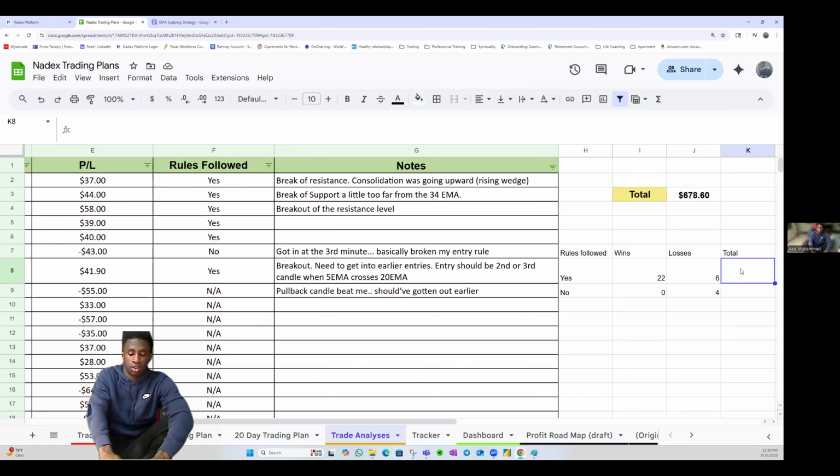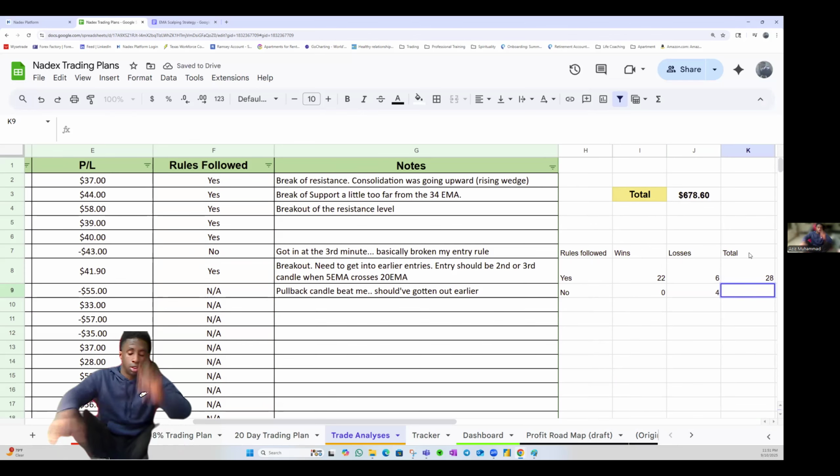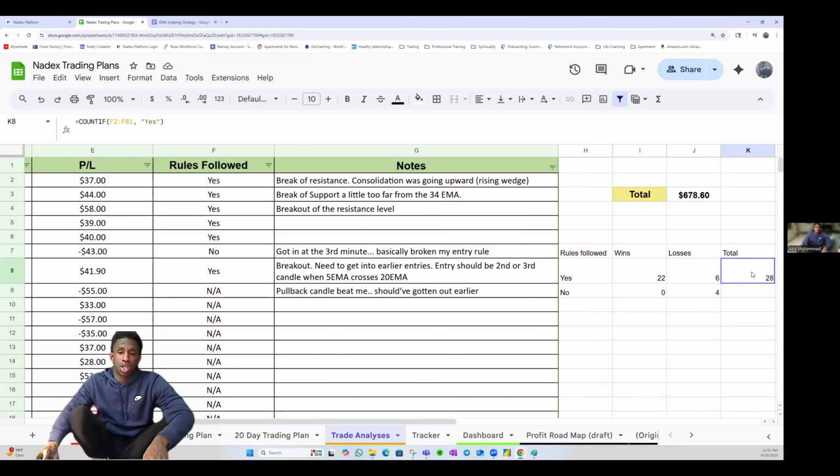COUNTIF F2 to F81. The total count is 28. And in this case, same thing. We're gonna do a count for no.